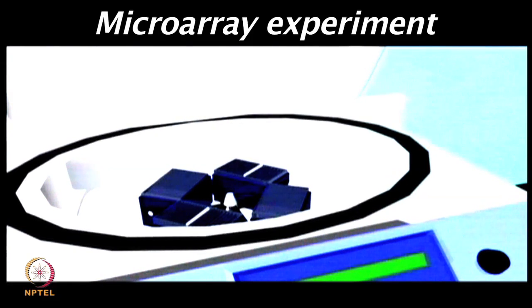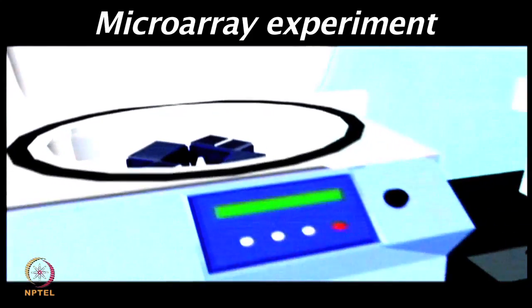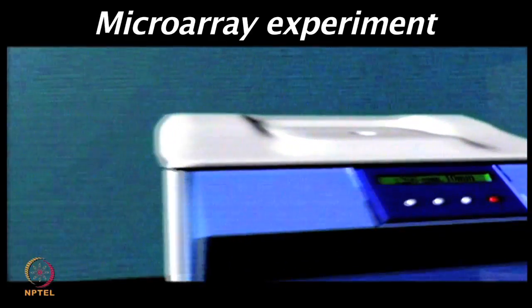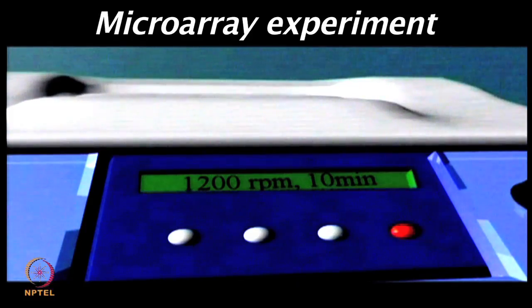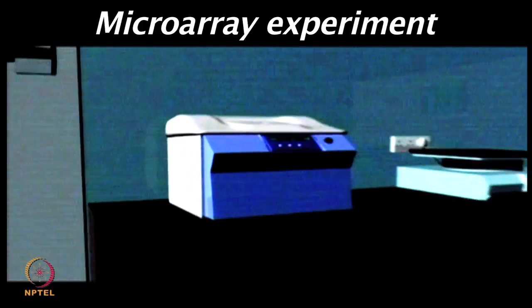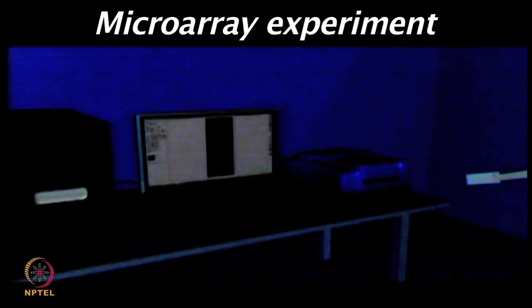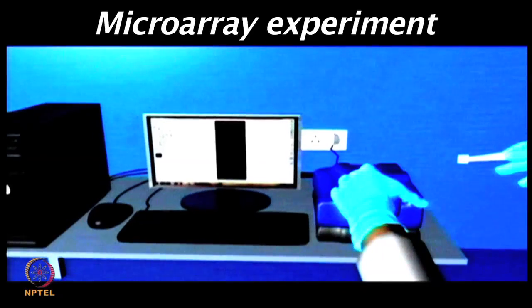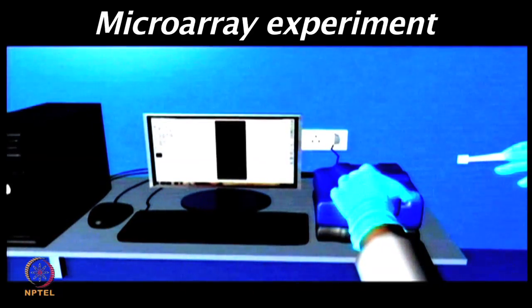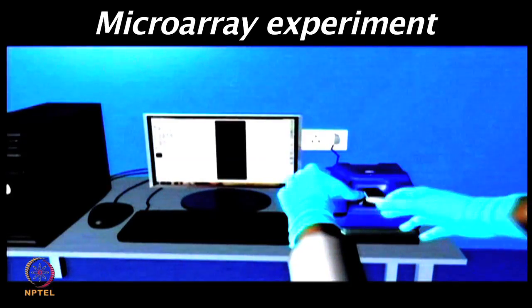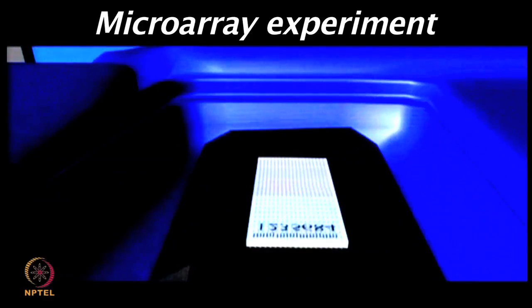Now, you have to ensure the right type of rotors while you are centrifuging the chips. Once the drying process is completed, the chips can be scanned by using scanners and selecting the appropriate wavelength.